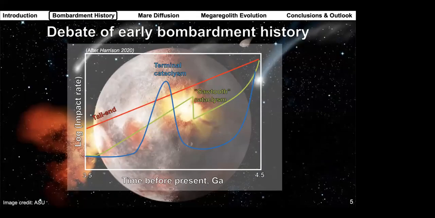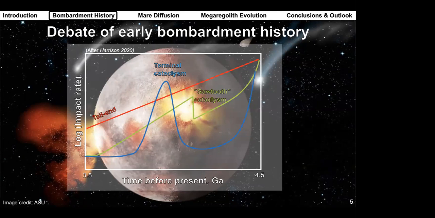Okay, the bombardment. As you know, when the Moon was just formed, it experienced much more intensive bombardment than what we see on the present day. The timeline of this early bombardment and how the impact rate evolved with time is still a topic that has been debated.